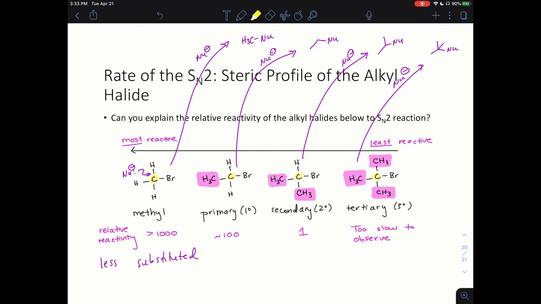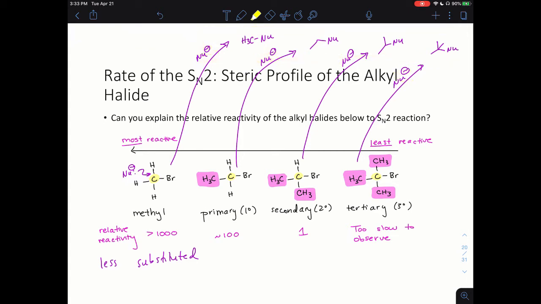So imagine taking each of these, the methyl, the primary that has one alkyl group on the alpha carbon, versus the secondary, versus the tertiary. Imagine taking each of these alkyl halides, treating them with the same nucleophile to make these substitution products.